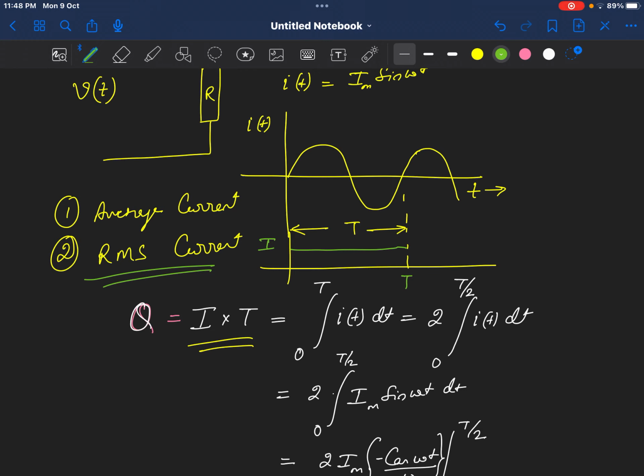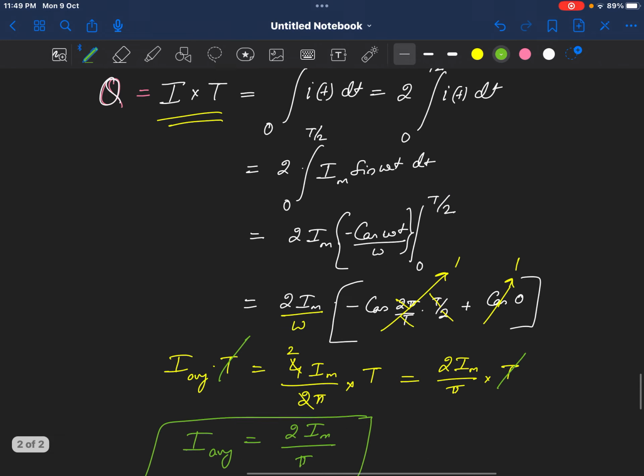So for average current, we calculate the DC current that would transfer the same amount of charge. And for RMS current, we find the current that will flow through the same resistor for the same time and produce the same amount of heat as the AC.